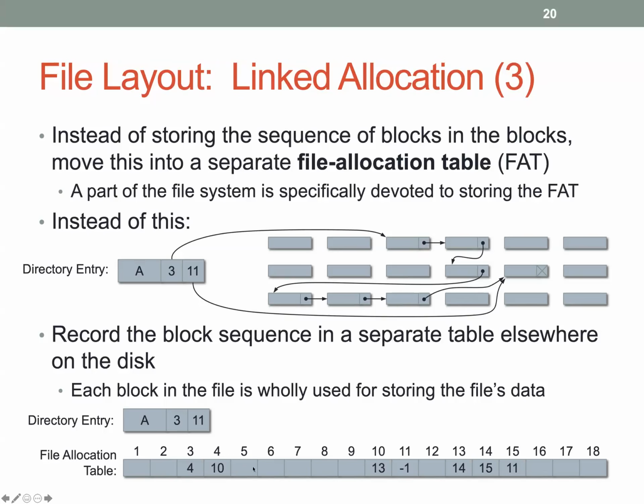That's what you see in the file allocation table here. The file starts at block 3. The next block for 3 is 4. The next block for block 4 is 10. You can basically chase through the file allocation table to see what blocks form the sequence of the file. Okay, so that's a file allocation table.